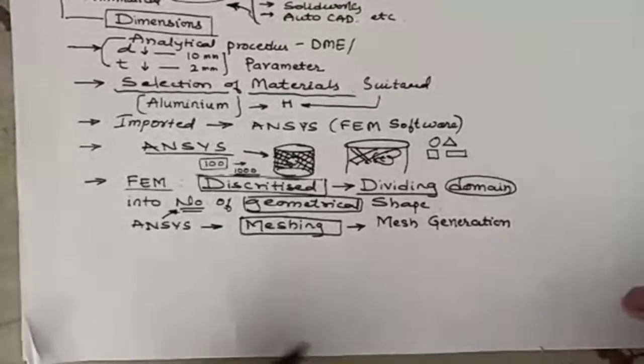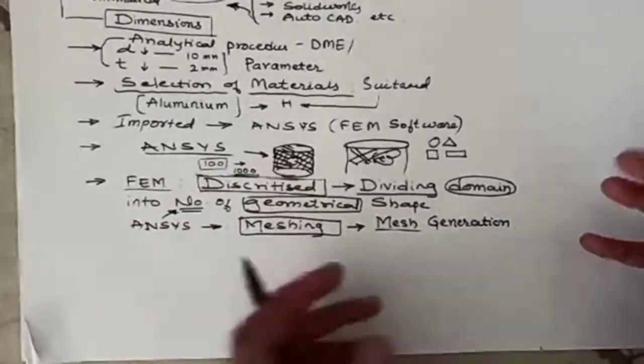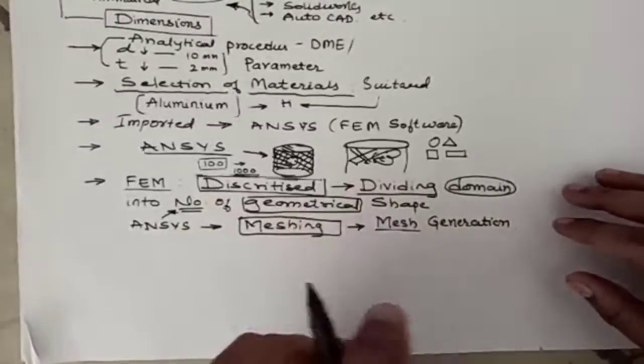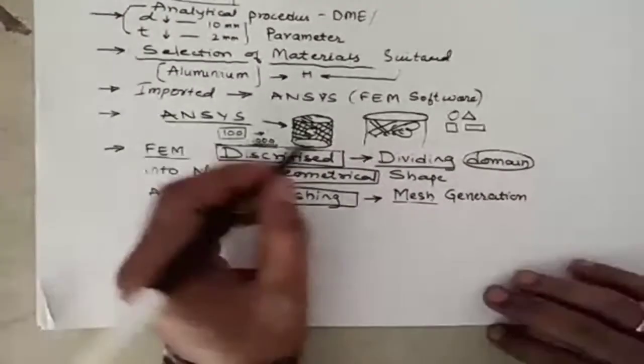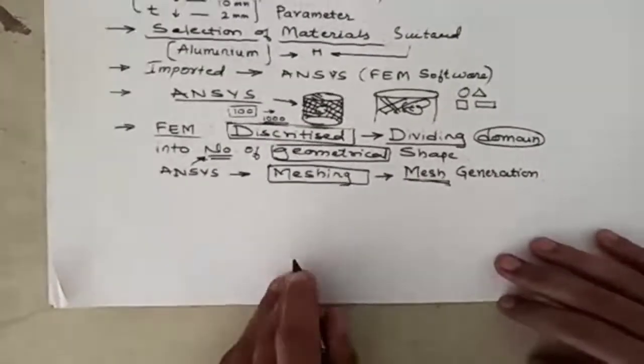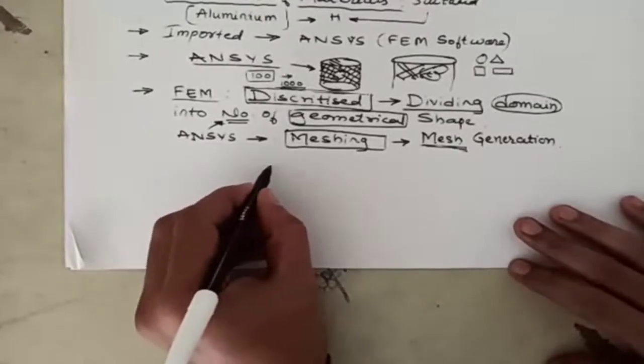After mesh generation, you might see this type of model in journals or papers, where the model is divided into a number of lines and nodes. That we call mesh generation. What will happen in the mesh generation? We'll see separately. Suppose this is one element.